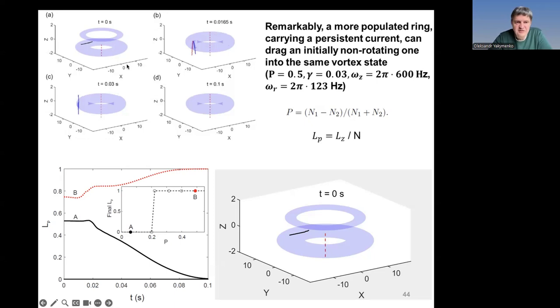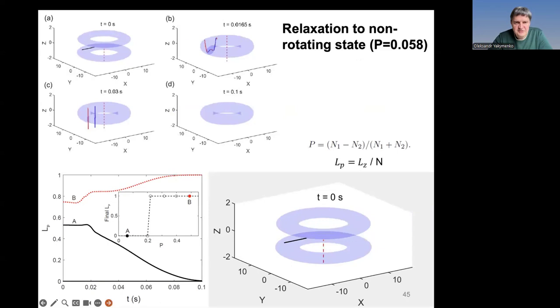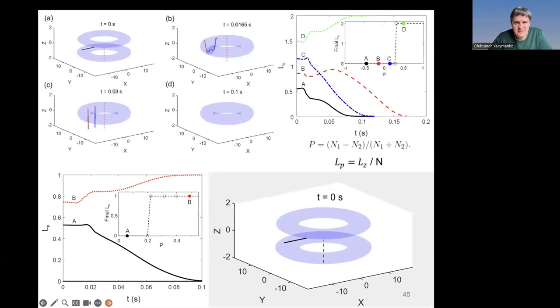It's not a big surprise, but if you have nearly the same number of atoms in both rings and you make them merge, then the system will tend not to the zero angular momentum, but to a state with a little bit lower number of atoms. So it's very clear from the evolution of the system, but it's counterintuitive from classical perspectives. So that is an interesting effect in this system.